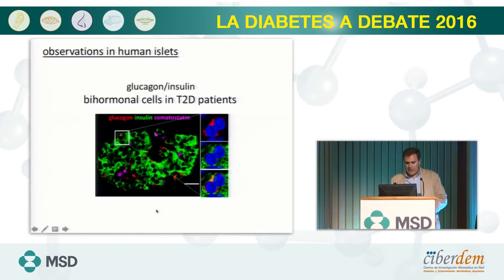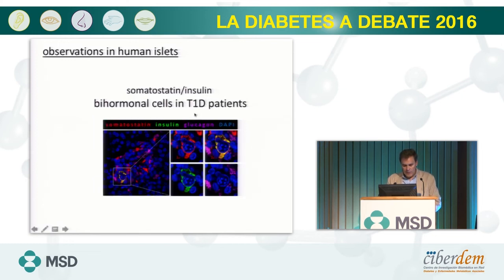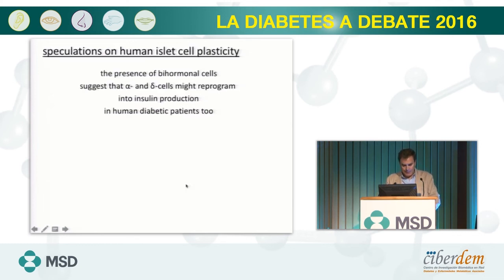There is plenty of evidence now in human diabetics that led us to think that perhaps there is some plasticity. This is an islet from a type 2 patient, and in this islet you can see these two cells that co-express glucagon and insulin. Here is another sample from a type 1 diabetic, and you see one cell containing both somatostatin and insulin. So there are bihormonal cells at higher frequency in diabetics.